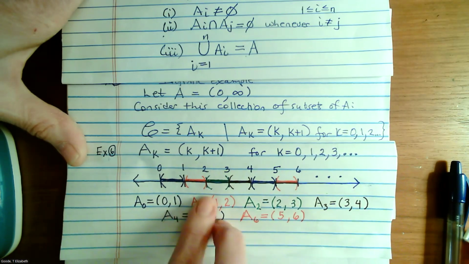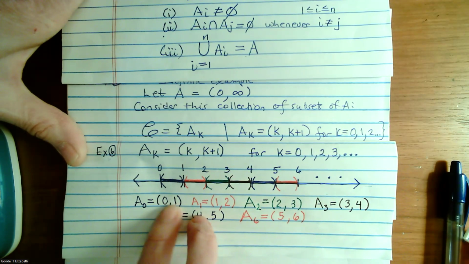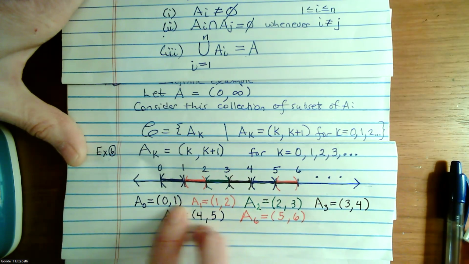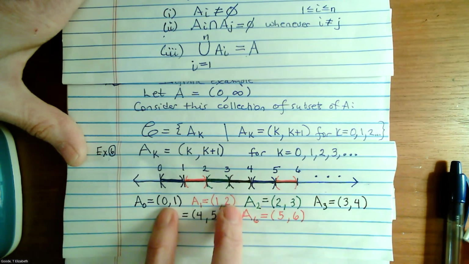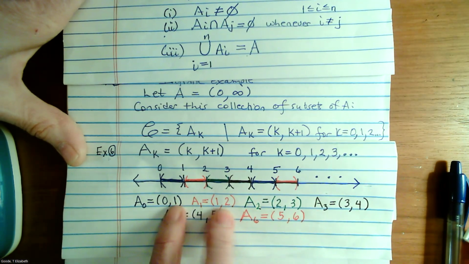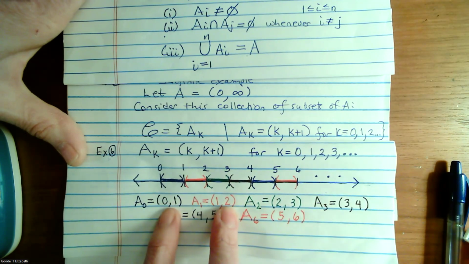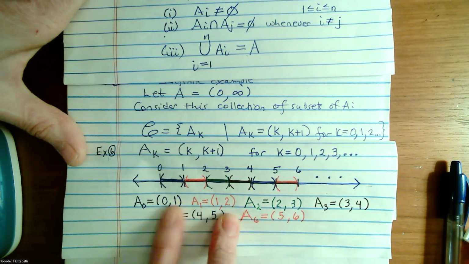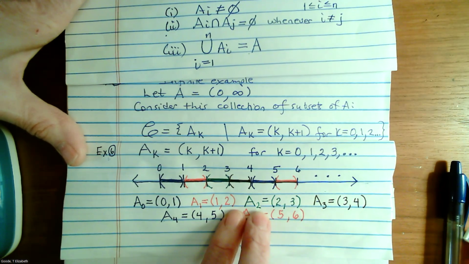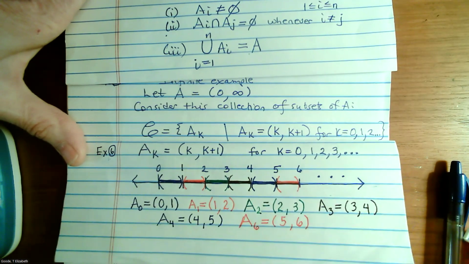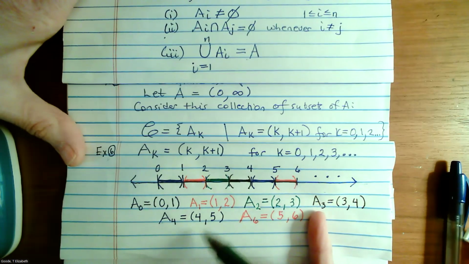But look, A0 doesn't include the right bound 1. A1 doesn't include the right bound 1. Even if it did, they still would have an empty intersection. But there's actually some space between these two, namely the space where the 1 is. So I'll show you how I wrote it up in a minute. But the answer is yes, they're definitely pairwise disjoint.